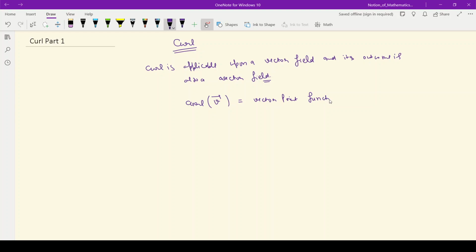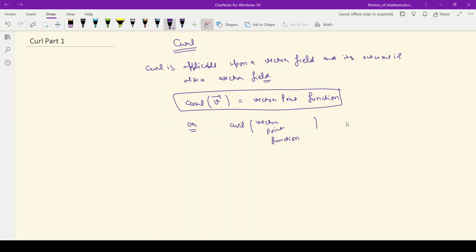We will apply curl upon a vector point function and the outcome will also be a vector point function.